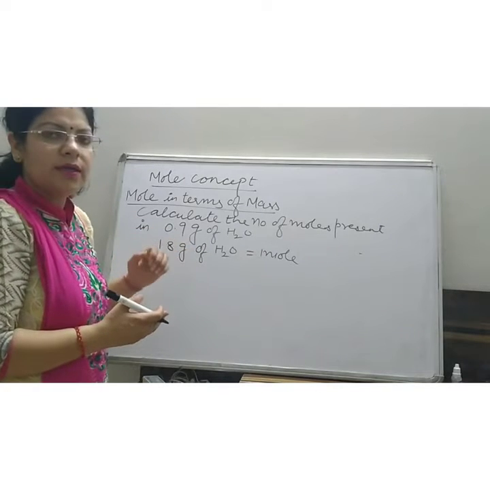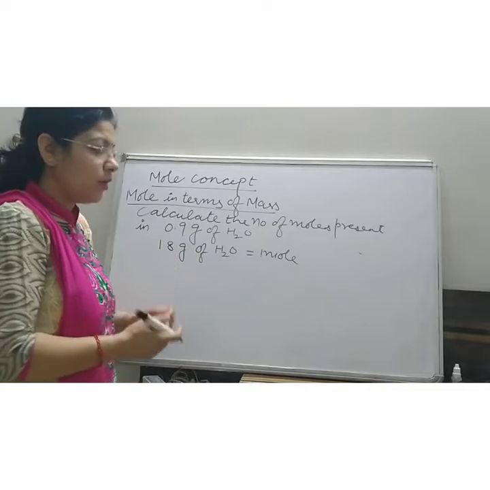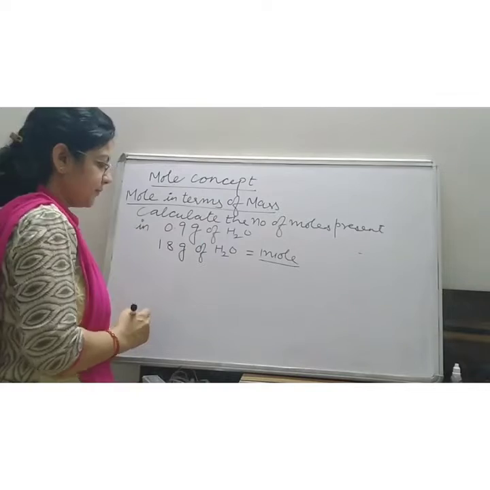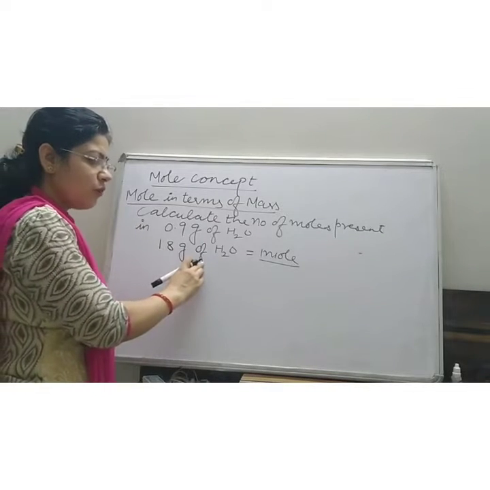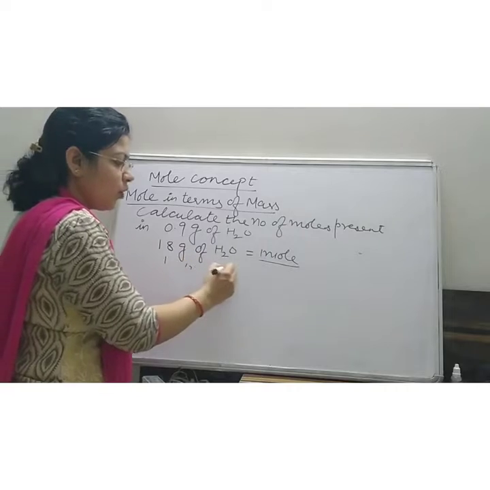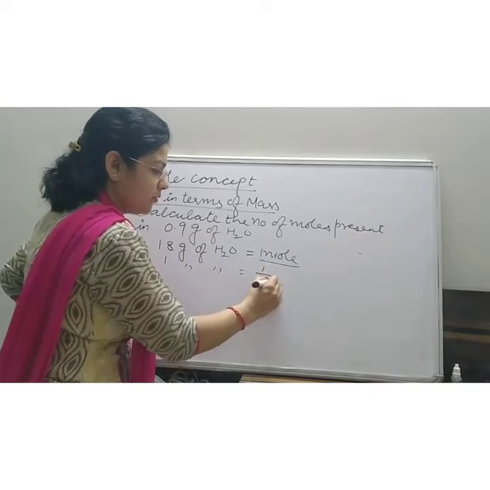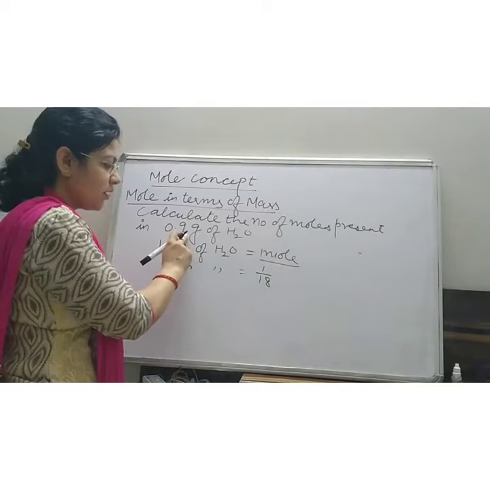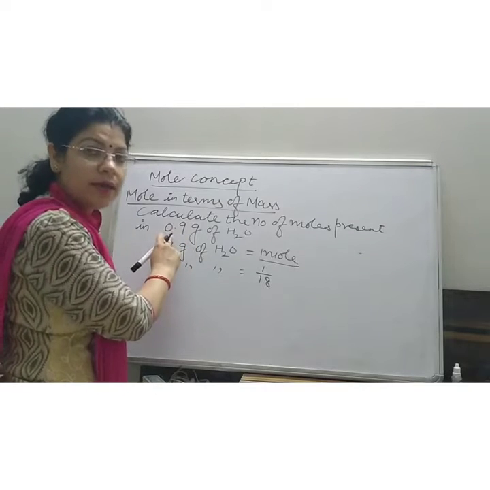The physical quantity that we have to calculate, that is put on the right side. 18 grams of water is equal to 1 mole. 1 gram of water is equal to 1 by 18. And we have to calculate the number of moles in 0.9 grams.